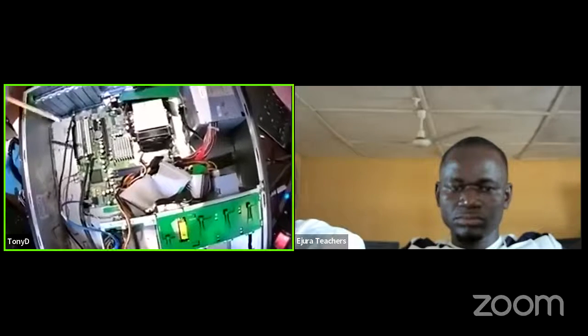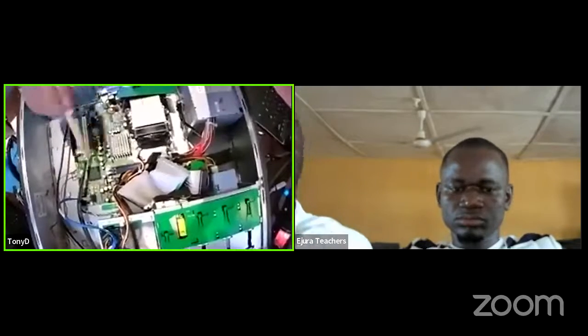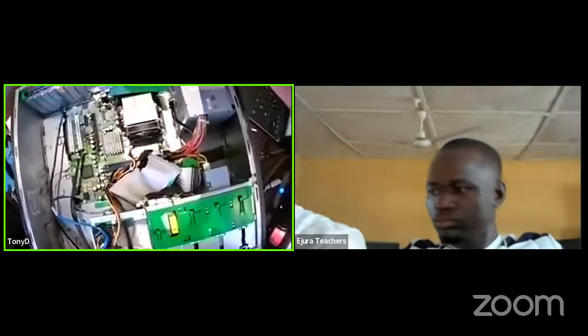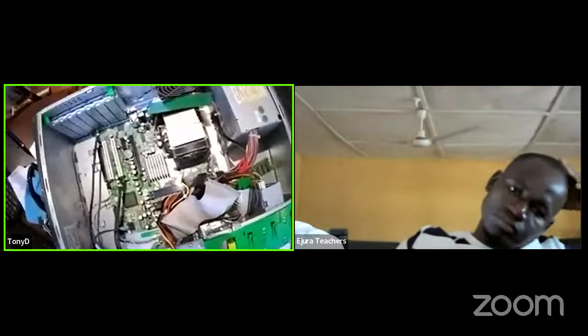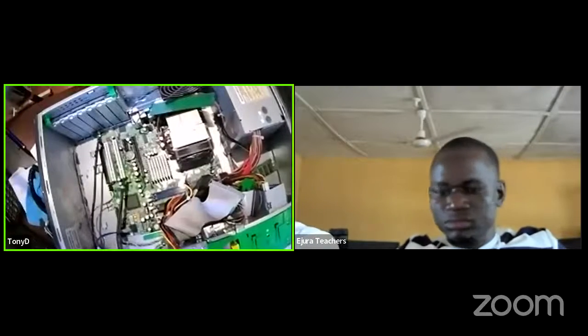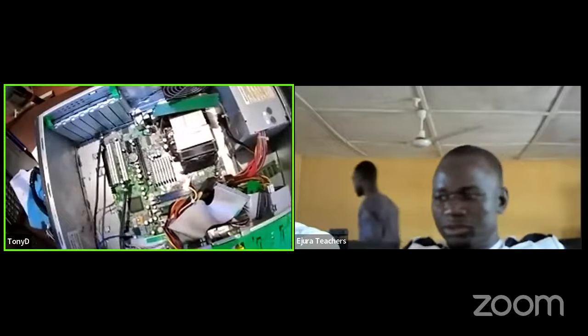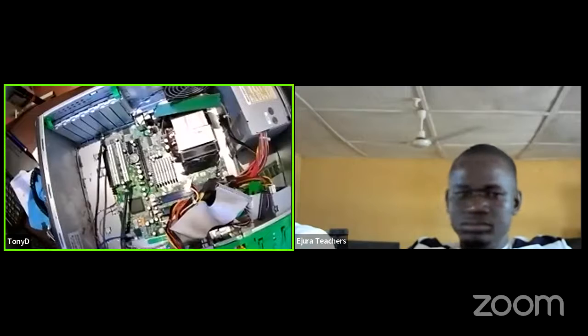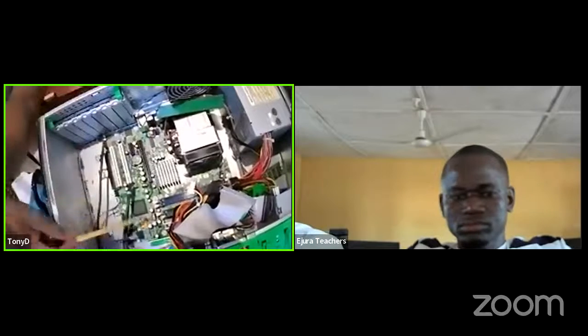And the size of the case depends on the motherboard. This is the motherboard, which we'll go through some today. I don't know if anyone has their computer open, but we will go through the motherboard. When you look at my screen now, the motherboard is this guy right here.